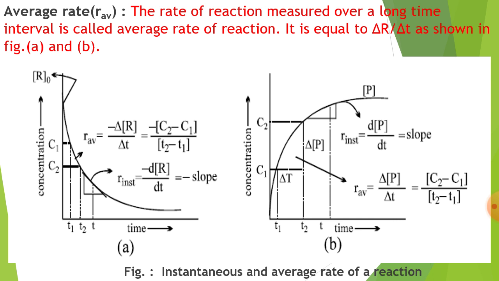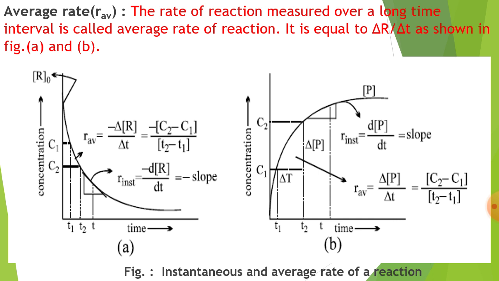So for this, R average is equal to minus delta R by delta T. The minus sign only indicates the decrease in concentration; it has no mathematical relationship. The negative only indicates the decrease, but the rate is always positive. Here the square bracket indicates molar concentration. Delta means change, final minus initial, that is C2 minus C1 divided by t2 minus t1 in that time interval.